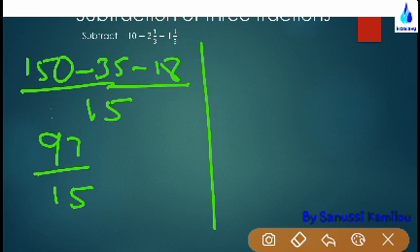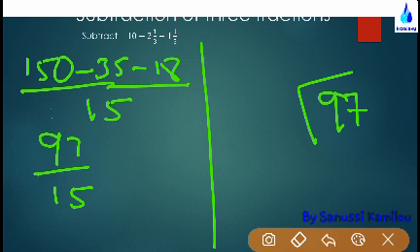So from there, class, will you leave our answer like this? No, we can't, because we have learned that if our final answer is an improper fraction, let's convert it into a mixed fraction. For that matter, I'm going to do long division, that is 97 divided by 15.